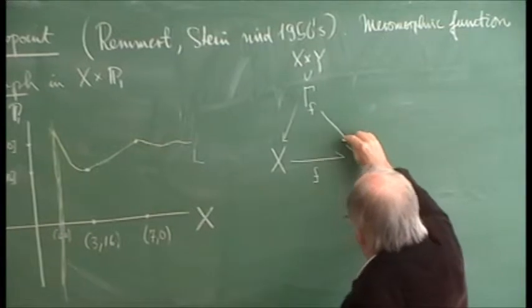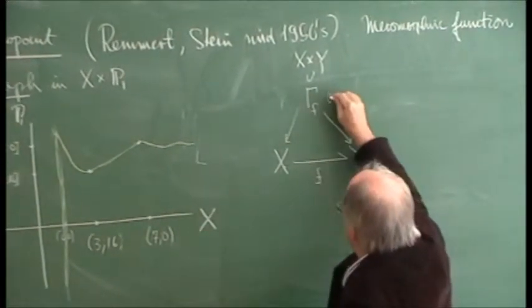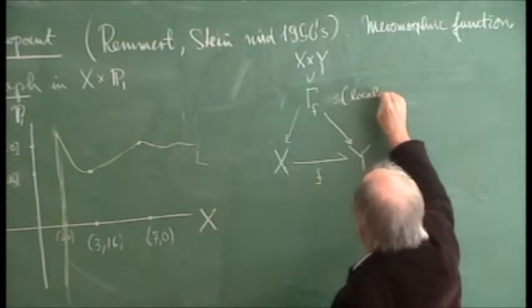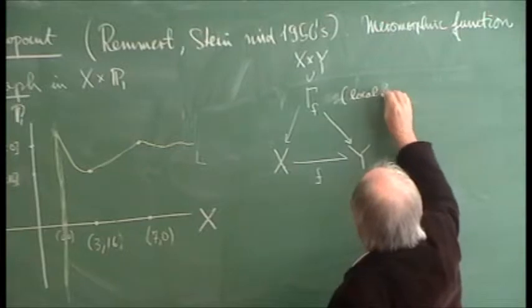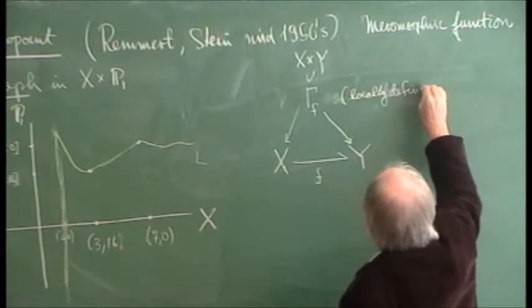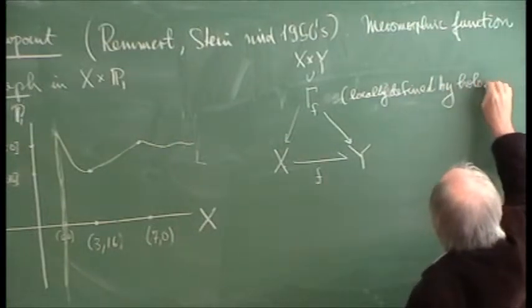And of course you have the projections onto the pre-image and image. And this graph is an analytic set. This is locally defined by equations, holomorphic equations. And this is where Santel's question is going to come in.